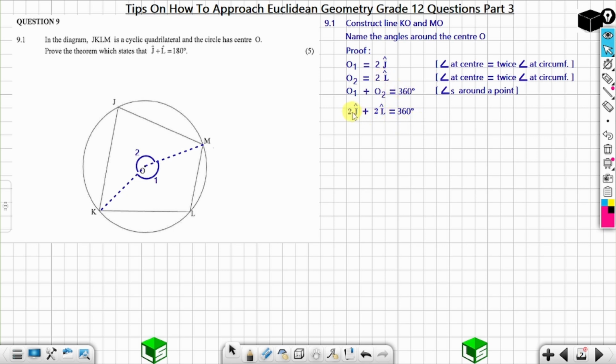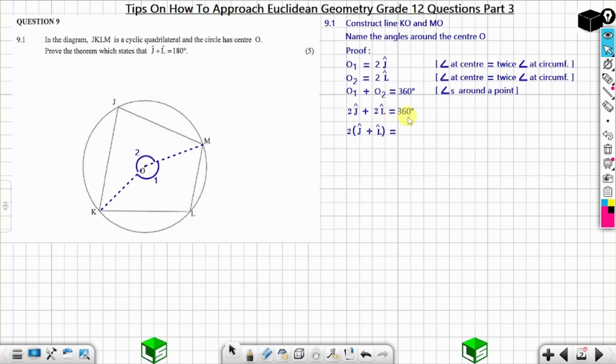You are going to factorize 2 outside of the bracket. Inside of the bracket, you have angle J plus angle L. You close your bracket.